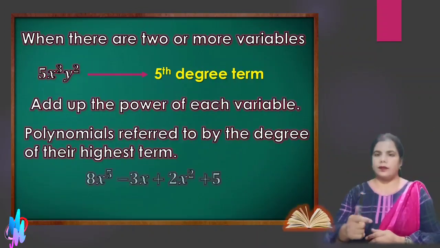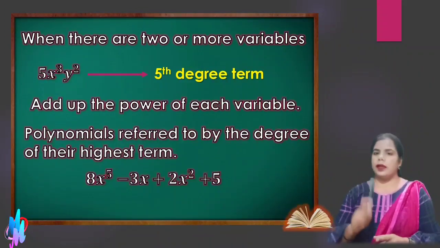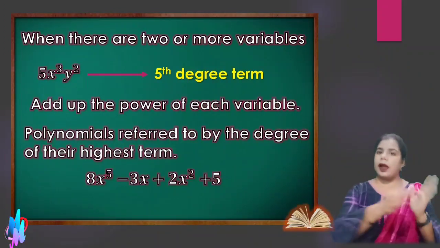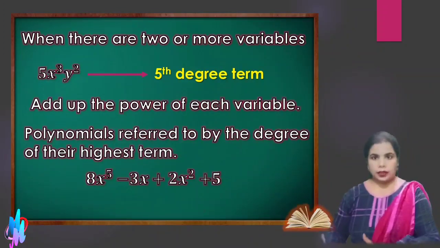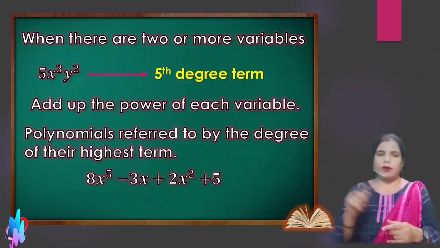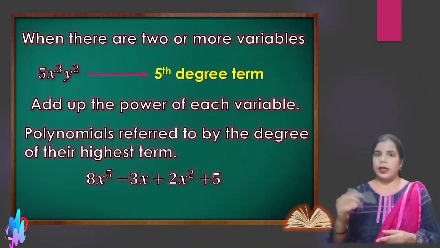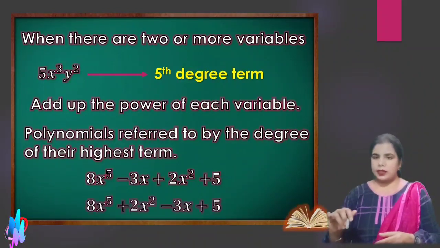Okay. We can say one example here. 8x to the power 5 minus 3x plus 2x square plus 5. First of all, we have to arrange it from the highest degree to the lowest degree. Okay, so what will be the arrangement here? 8x to the power 5. Then the next degree will be 2x square minus 3x plus 5.